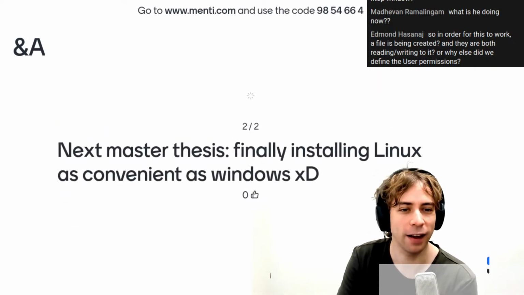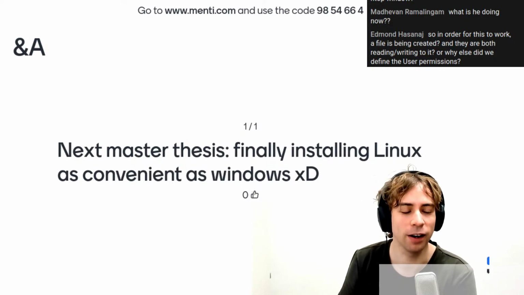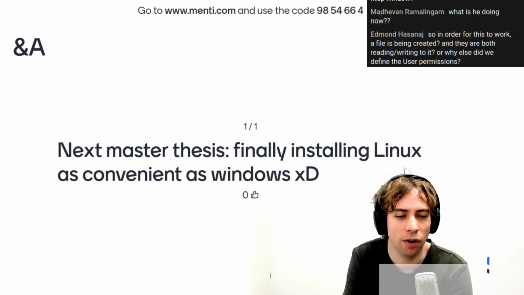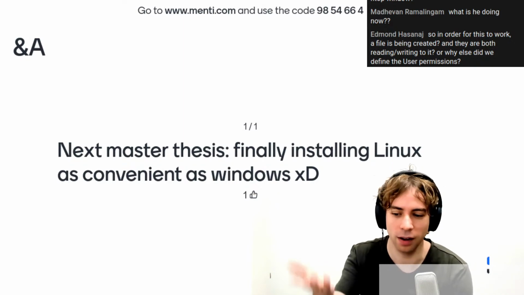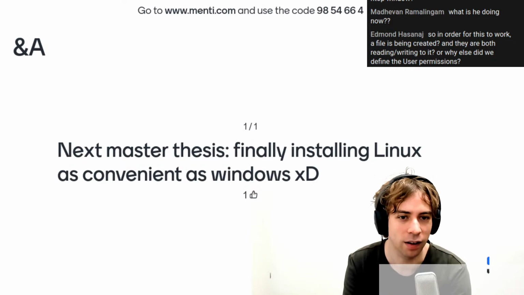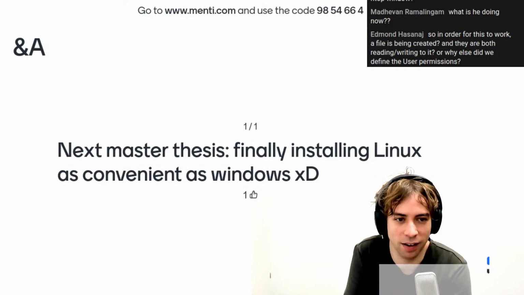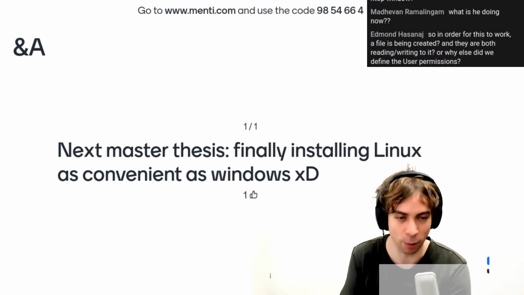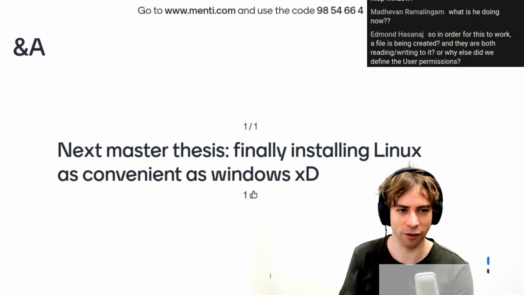Next, Master sees: is finally installing Linux as convenient as Windows? Actually, I must say, installing Ubuntu on a clean machine today is just as convenient as Windows. You plug in the USB stick, it boots, you click install, it's installed, done. So this is actually working out of the box. I didn't have any problems with that anymore for several years, actually.